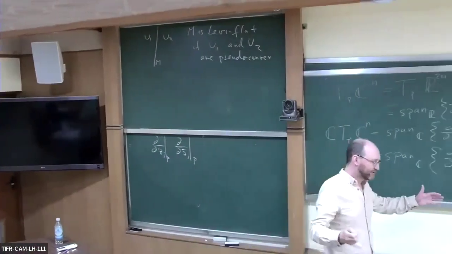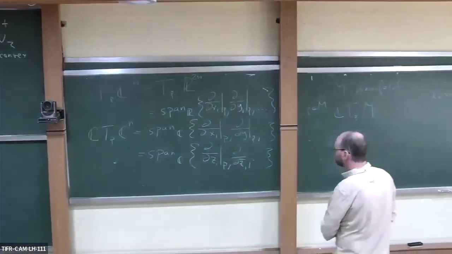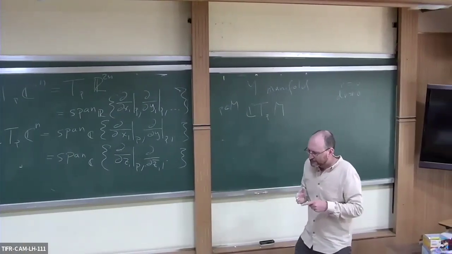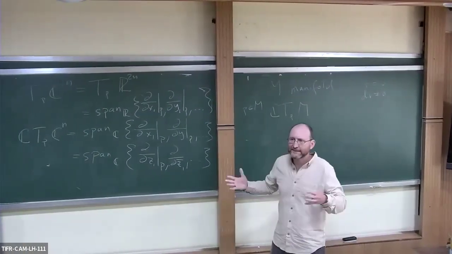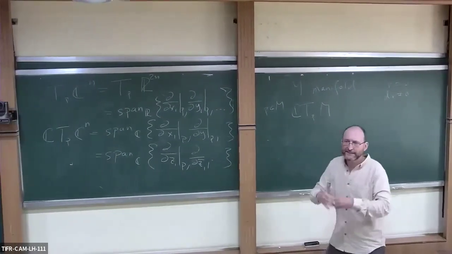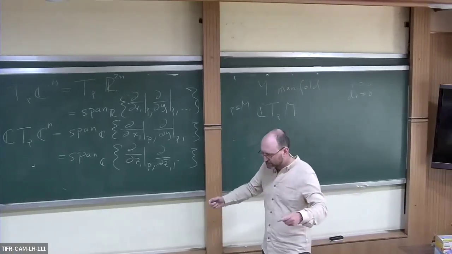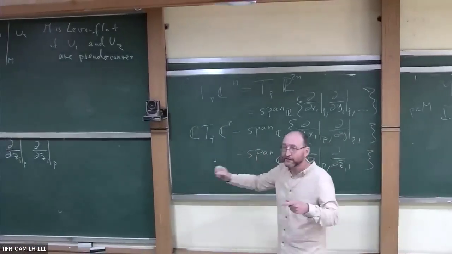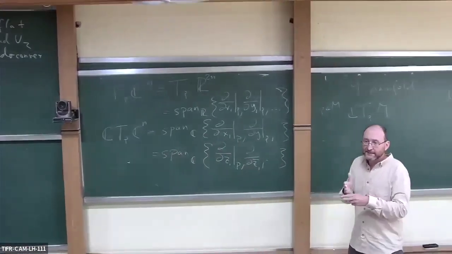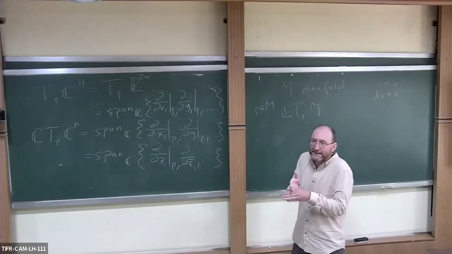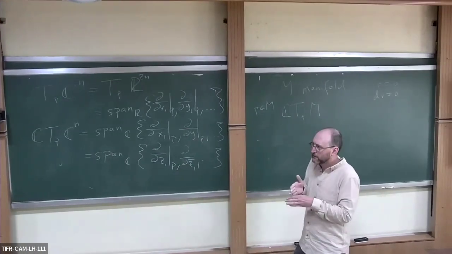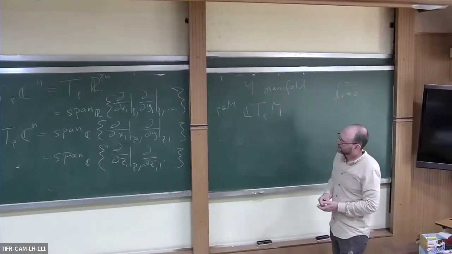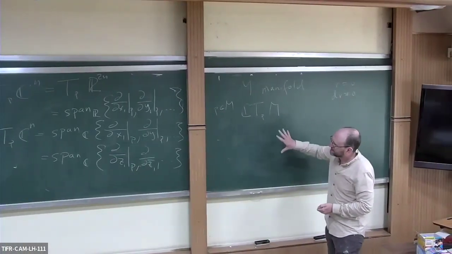So if you have some vector fields, if I want to think about flat, think about curvature, how do you get curvature? You take commutators of vector fields, and basically you're trying to figure out how far you're not commuting, right?